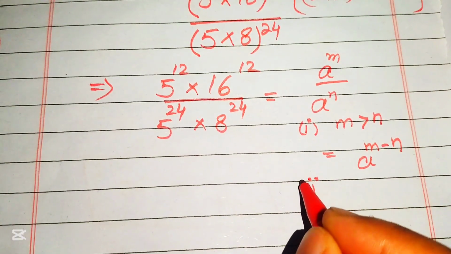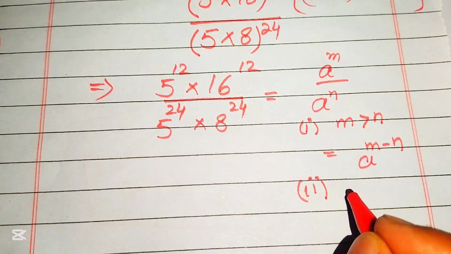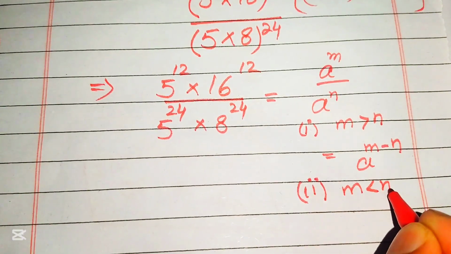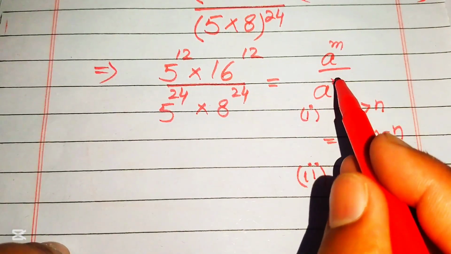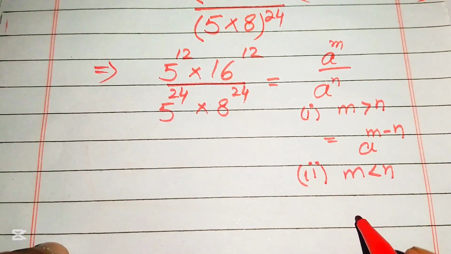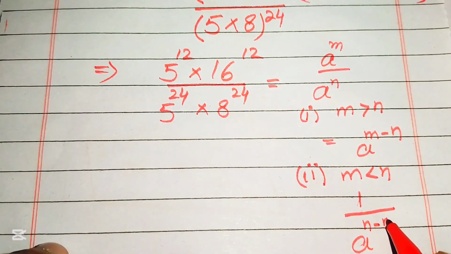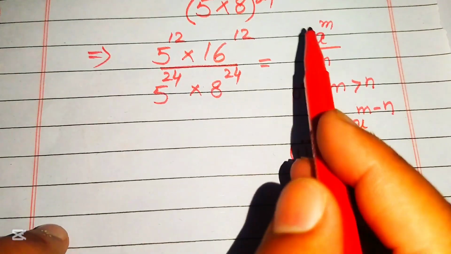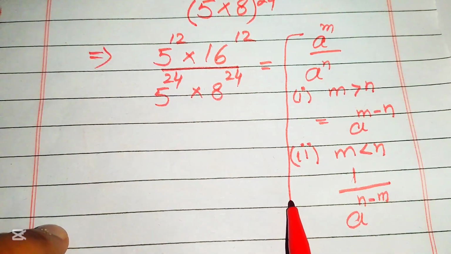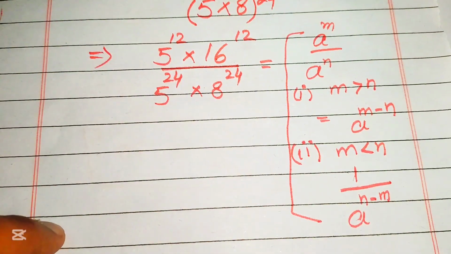And our second case is if m is less than n, then the output of this law is 1 over a to the power of n minus m. So these are the two cases of this exponent law.